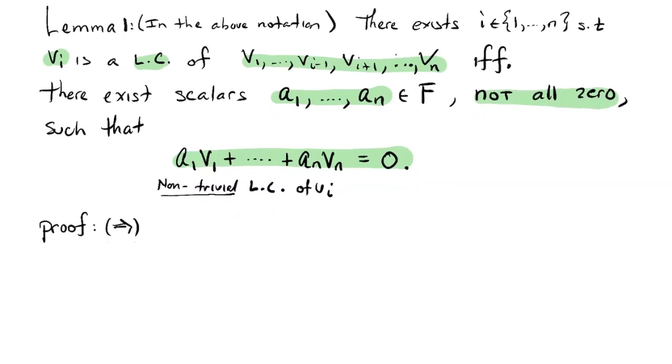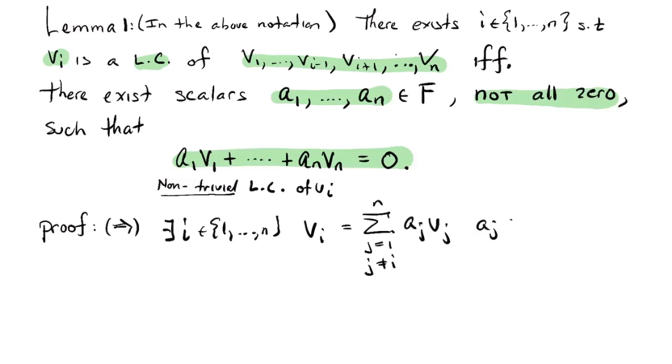So I'm going to suppose there exists some i between 1 and n, and this vi is a linear combination of the others: sum over j from 1 to n, j not equal to i, of aj vj, where the aj are all elements of F. That's my supposition.